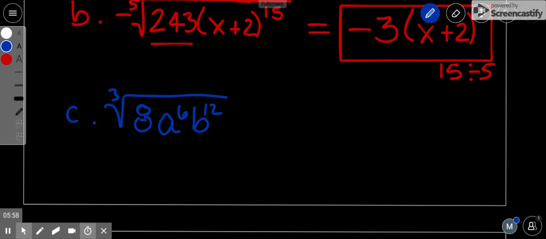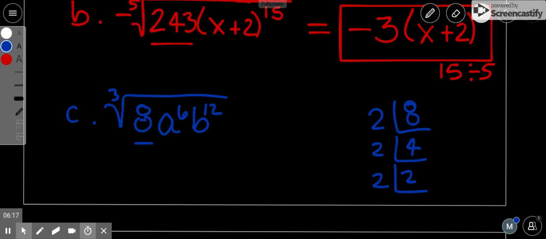Now, let's say you don't have a calculator at home that can find you the cube root of 8 and you don't know what it is. You can always take the number portion of this and do the ladder that we did in class previously, where your prime numbers go on the outside. So 2 goes into 8 four times. 2 goes into 4 twice.